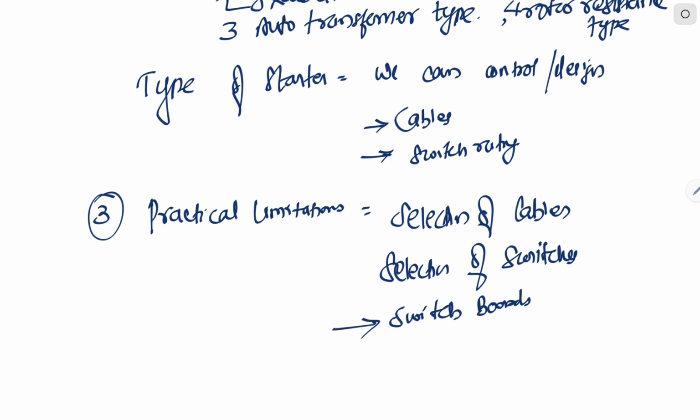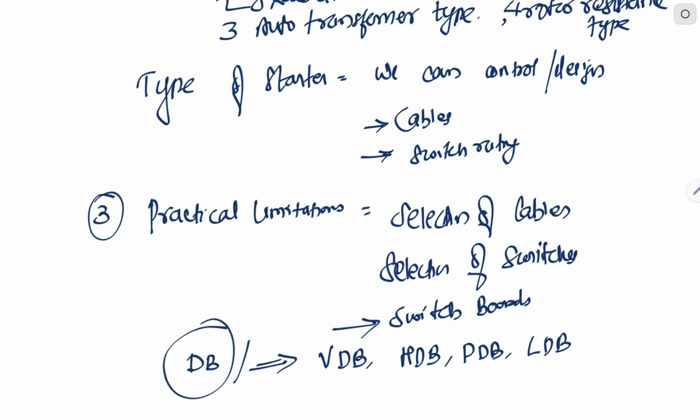Here, the switchboard selection is something important. Whether we go for the distribution board, which may be further classified as vertical distribution board, horizontal distribution board. That's a normal DB, and we often name it by some kind of a power DB and light DB, everything. So the common name is distribution board.